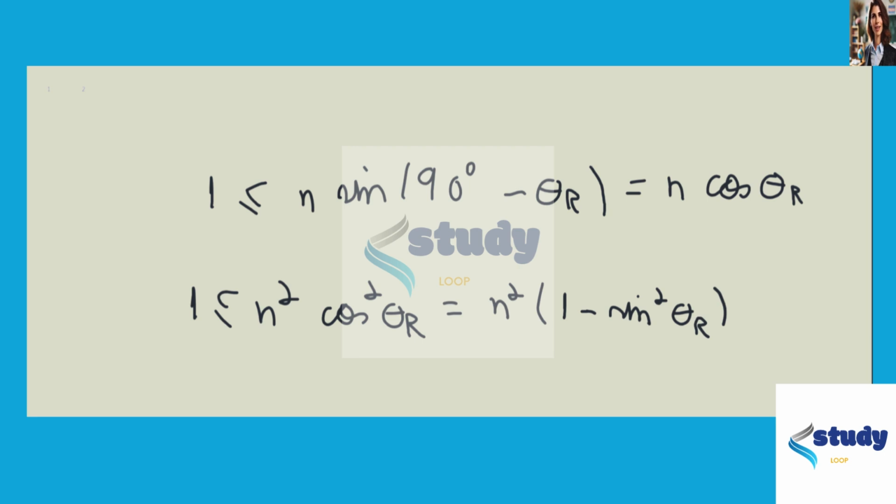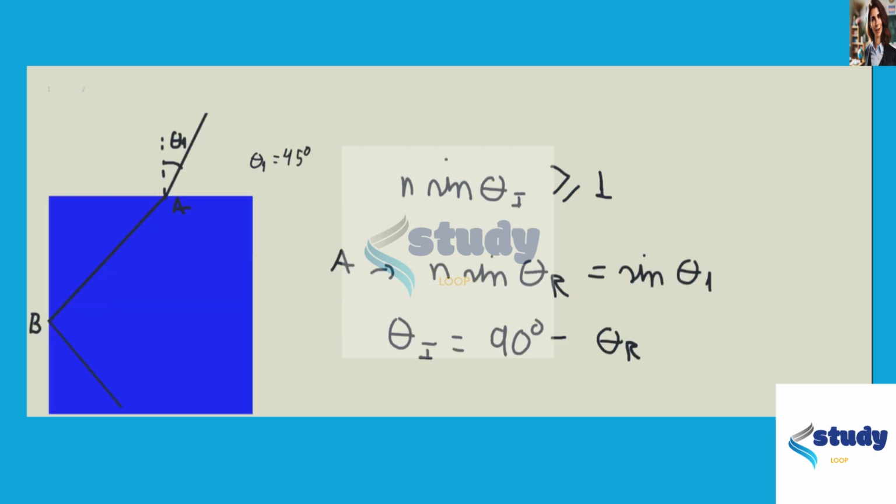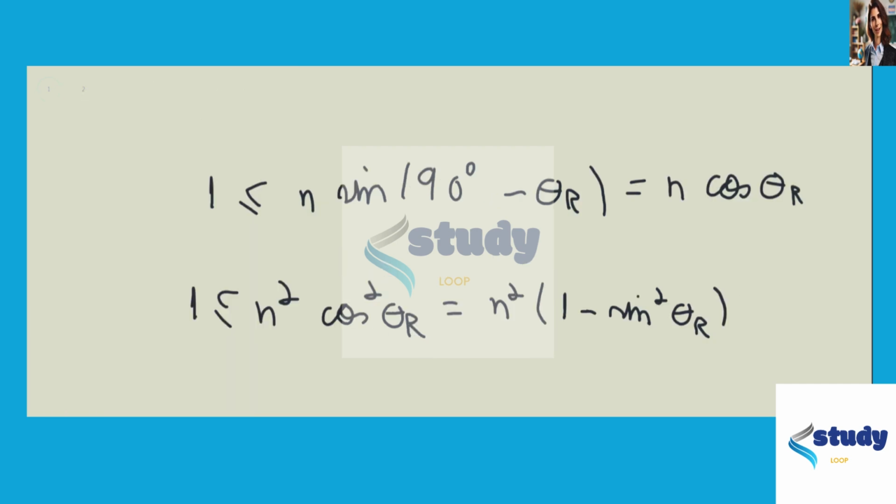Now we can substitute the relation between the refracted and the incident angle. And we have that this is n squared times 1 minus sine squared of theta divided by n squared.